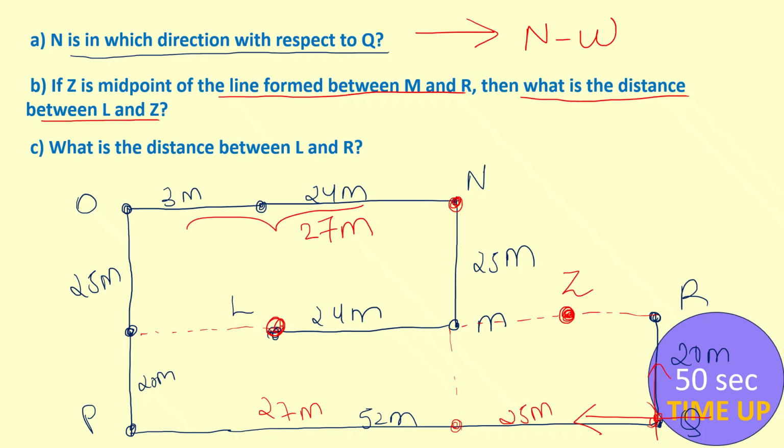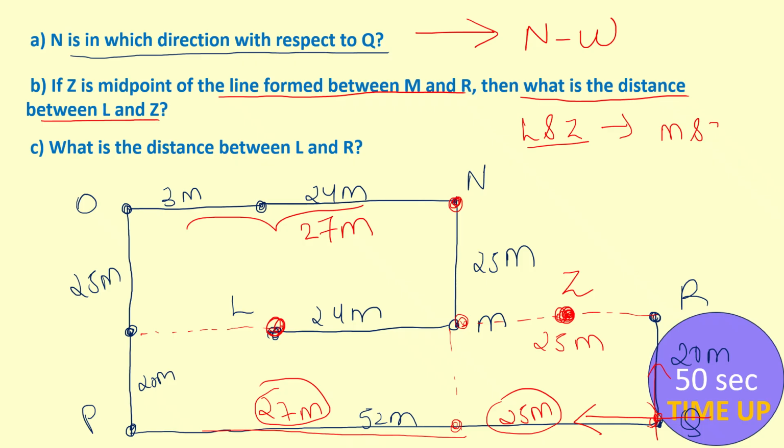When I do 27 plus 25 meter, the whole thing is 52 meter. So if this is 25 meter, the distance from M to R will also be 25 meter. But I want the distance from M to Z because I want to find the distance between L and Z.